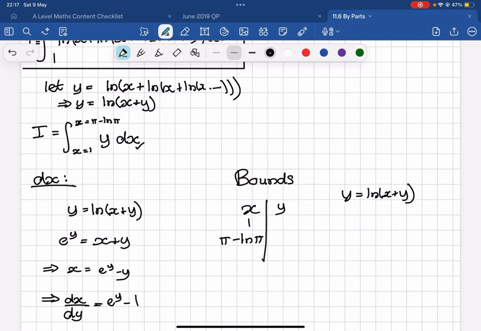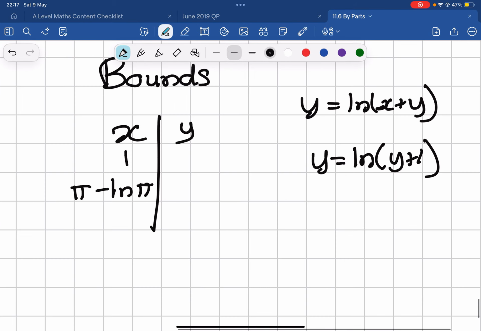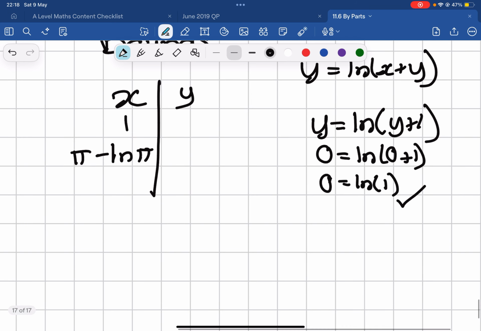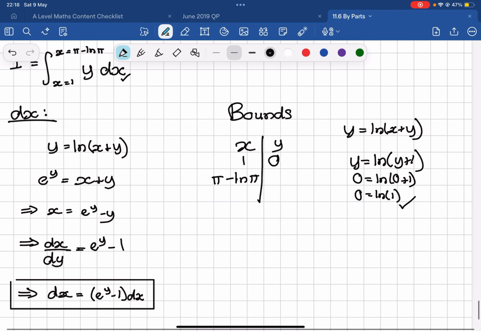So when x equals 1, y equals ln 1 plus y. And just by testing a few values in our head, we can see that ln 1 equals 0. So when y equals 0, this equals true: 0 equals ln 1 plus 0, 0 equals ln 1, and this checks out to be true. So y equals 0.